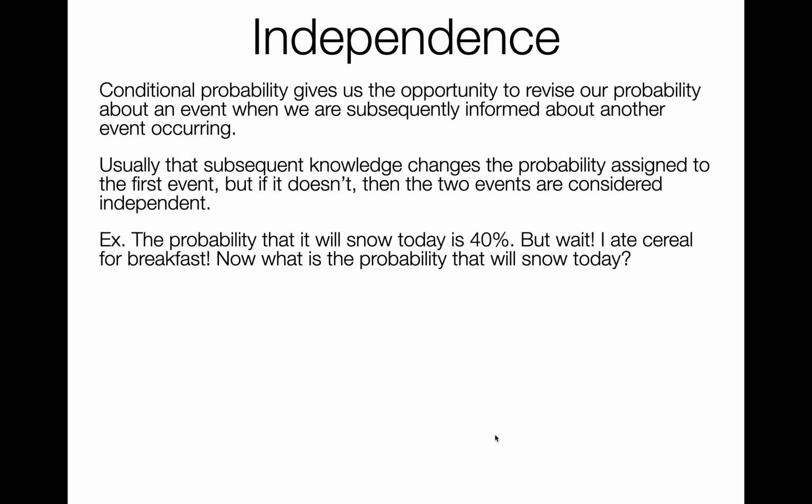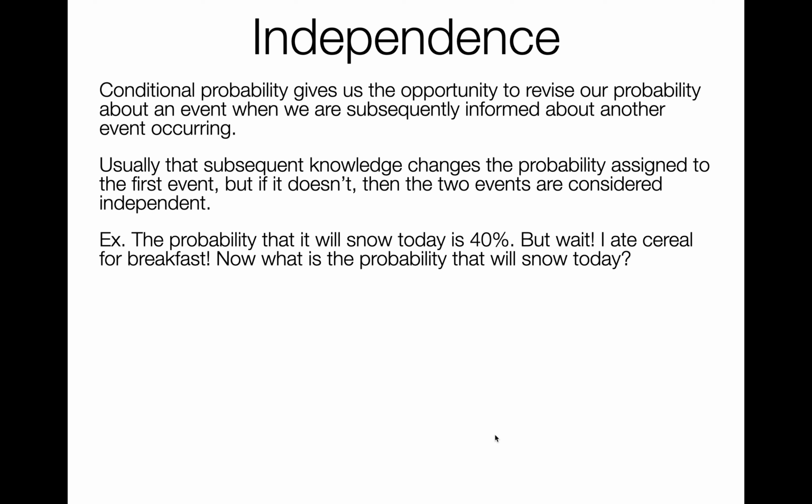Now, what's the probability that it's going to snow? The logical answer is probably 40%, because what I ate for breakfast and whether or not it's going to snow today don't have anything to do with each other, right?